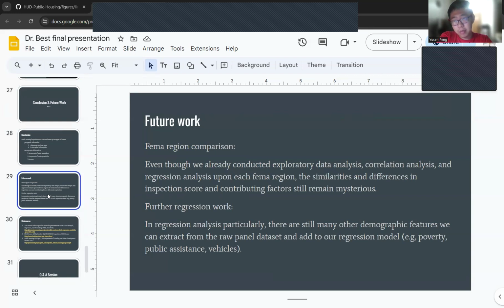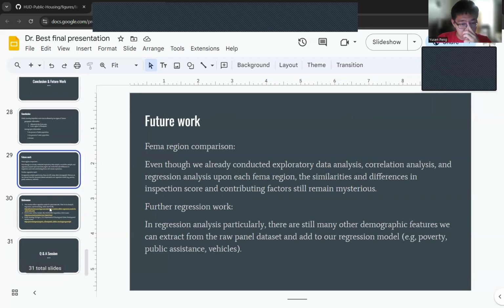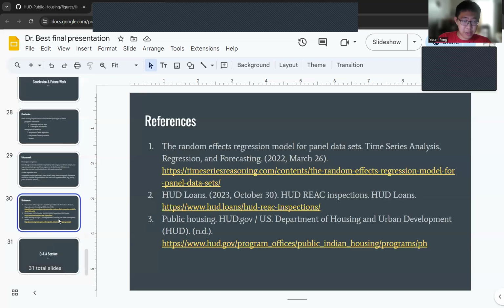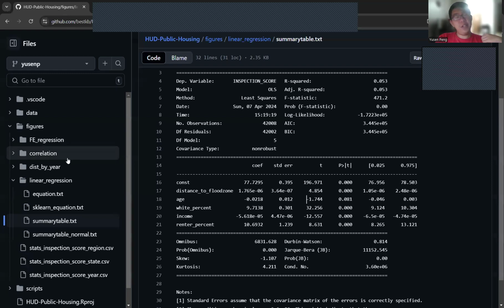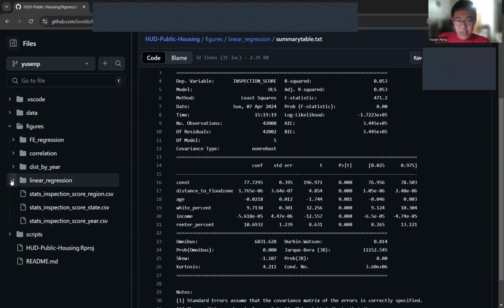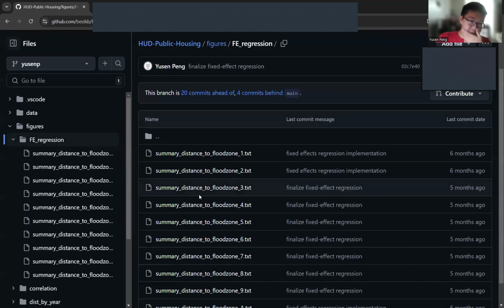Also, last semester, I want to point out, this is a reference in the session, so we don't have to worry about that. Last semester, I also did a fixed effect model. I was super confused. I had no idea what that is. What the heck is the fixed effect in regression? So I still have something, called the FE regression.